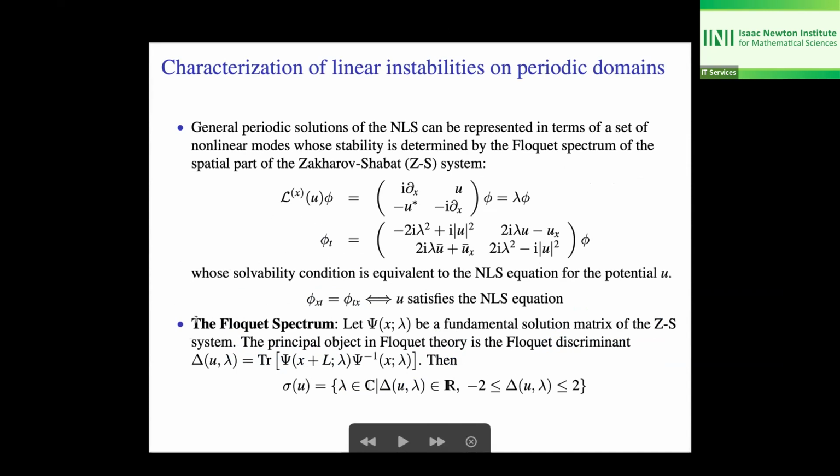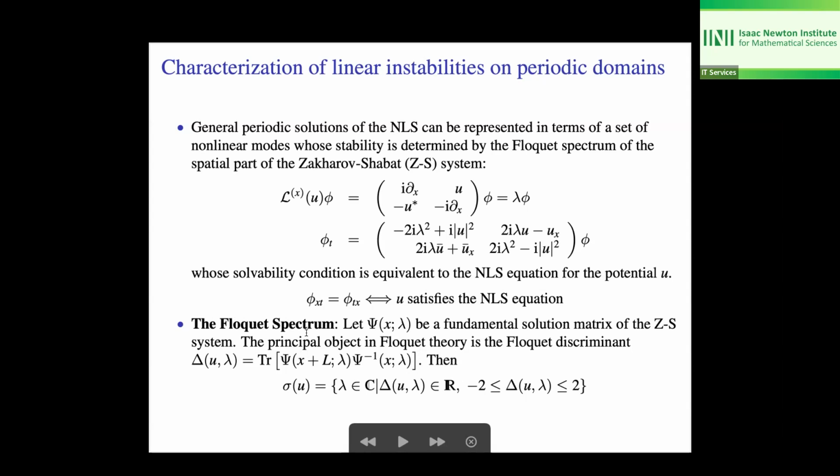And so to determine the Floquet spectrum, we let psi be a fundamental solution matrix of the Zakharov-Shabat system. And then the principal object in Floquet theory is the Floquet discriminant delta, which is the trace of the monodromy matrix and which governs the growth of the eigenfunctions as they're mapped across the period.